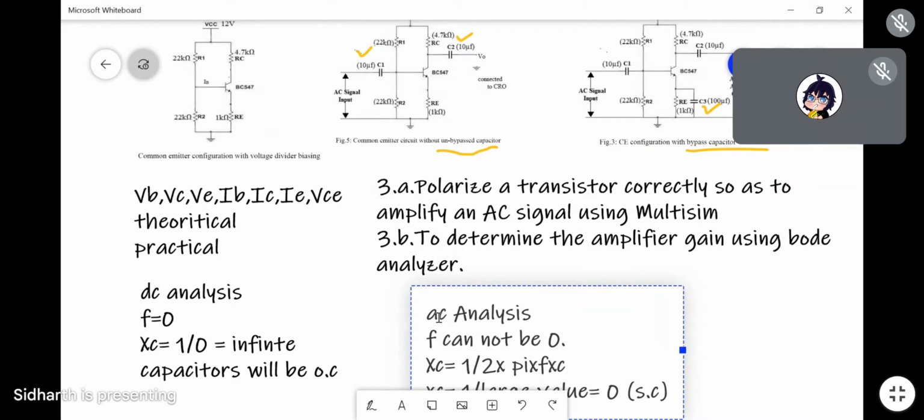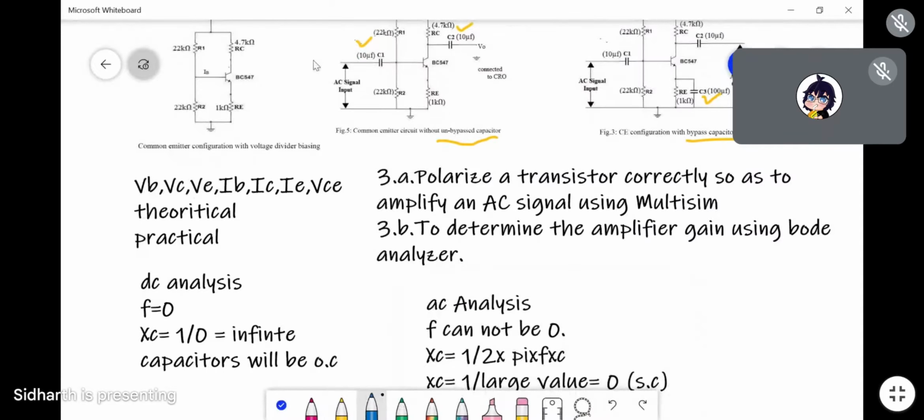So you will give the AC signal input here, and you will get the amplified output here, right? Similarly, you will get the input here and find out the output here.